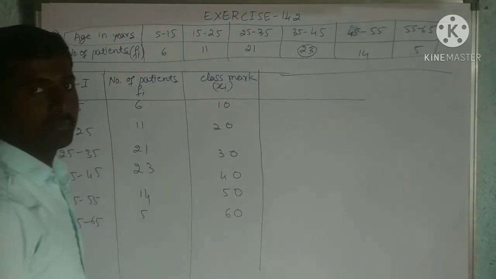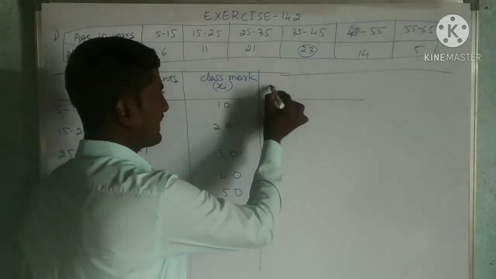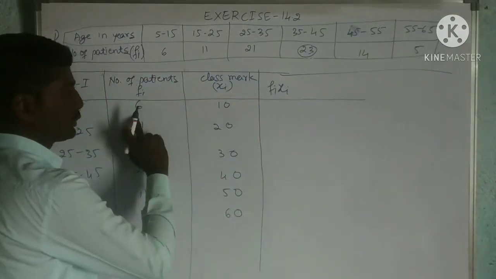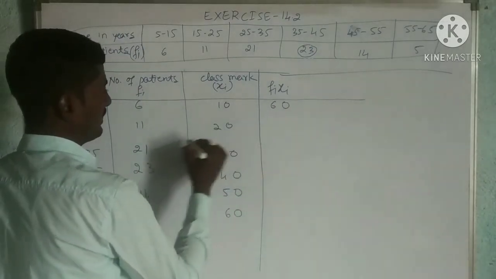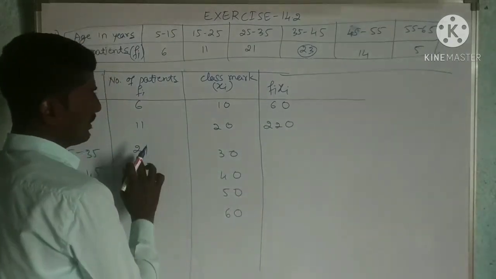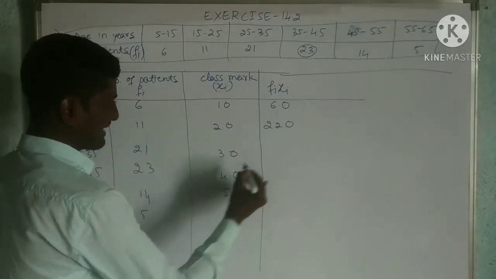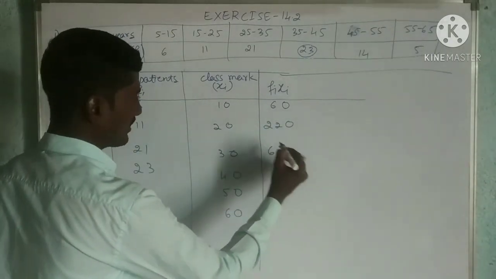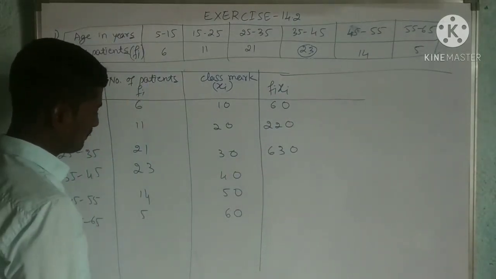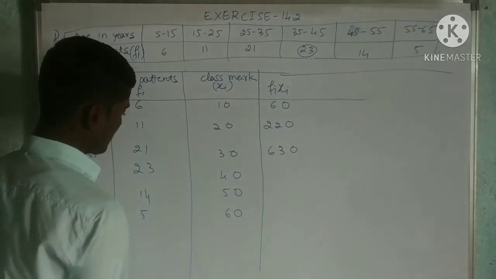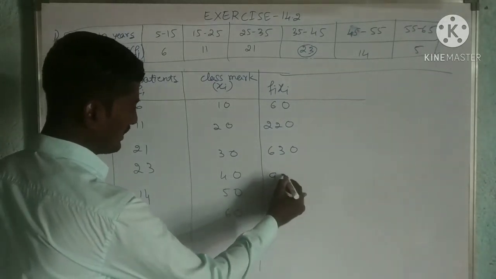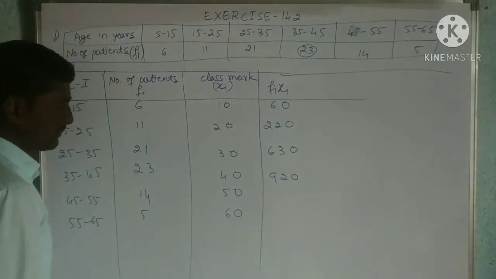Now by the direct method I need the next column, fi into xi. So 6 into 10 is 60, 11 into 20 is 220. Next 21 3s are 63, so 630. 23 4s are 92, so 920.